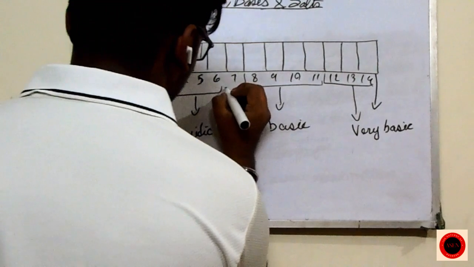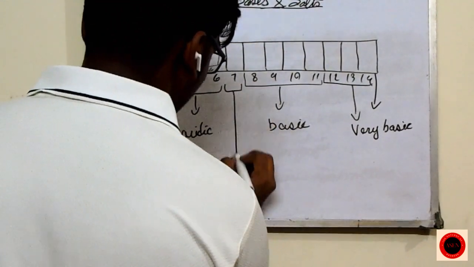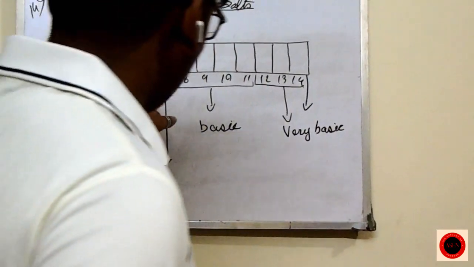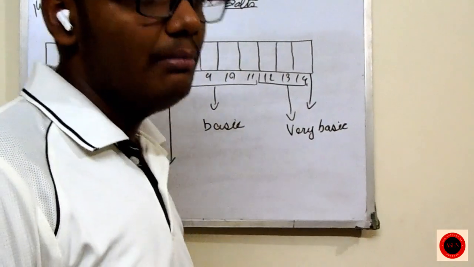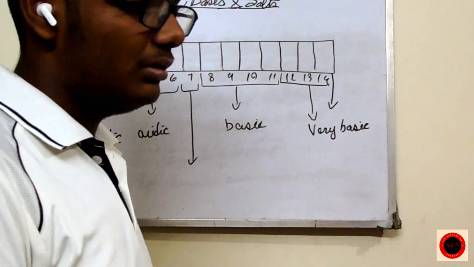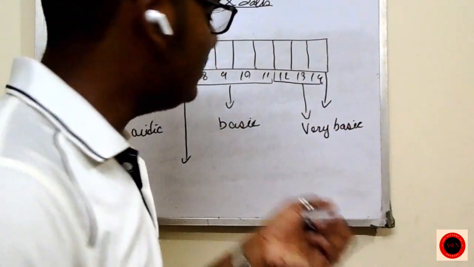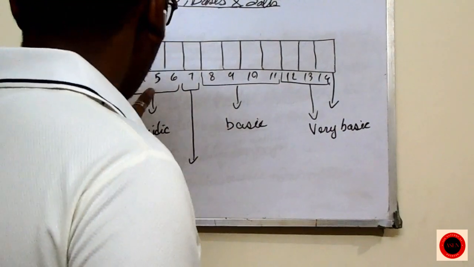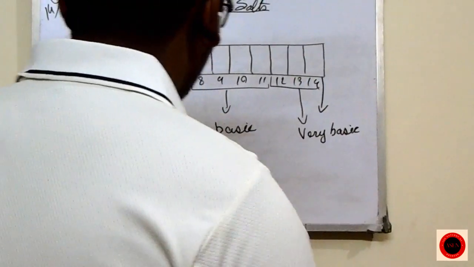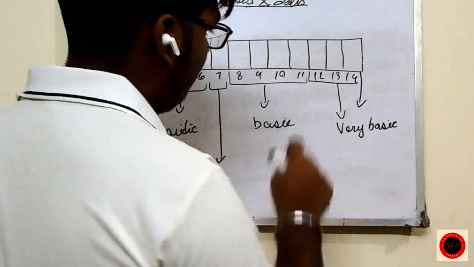And what is this 7? Okay, 6 and 8 are also a type of neutral, but still if you want to count the minute things, then you will find that 6 comes under the acidic portion and 8 comes under the basic portion.